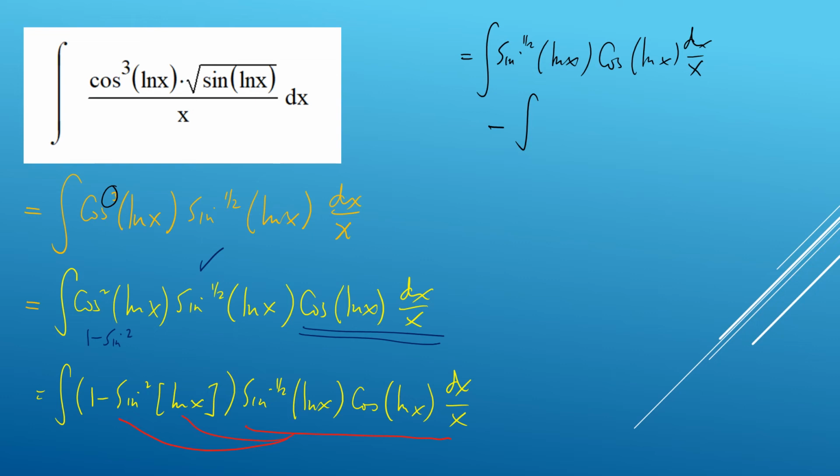So we need to add 2 and 1/2. That will be 5/2 of ln x times cosine of ln x dx over x.